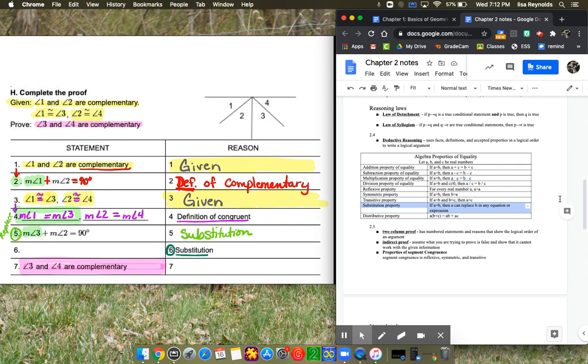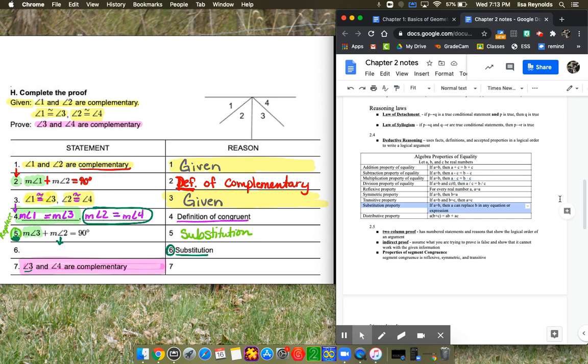So we're now going to take this line 5, and I notice I already have the 3. I need to replace the 2. So I'm going to replace the measure of angle 2. How do I get that information? I use my information of what it's equal to.